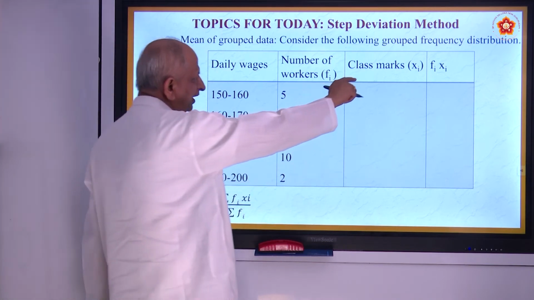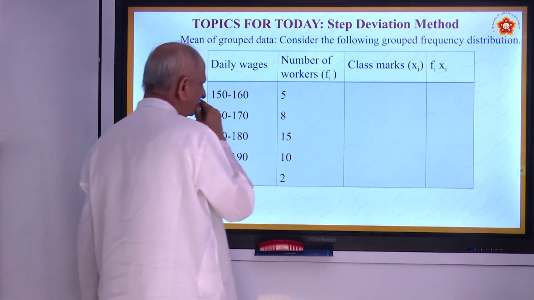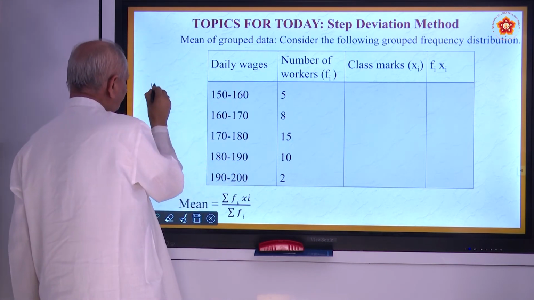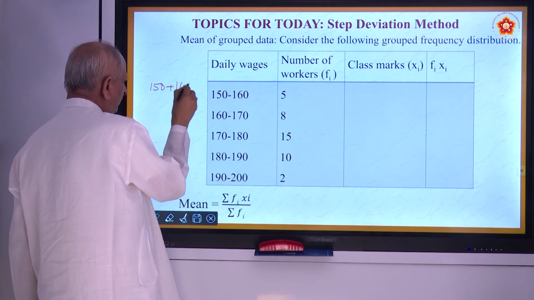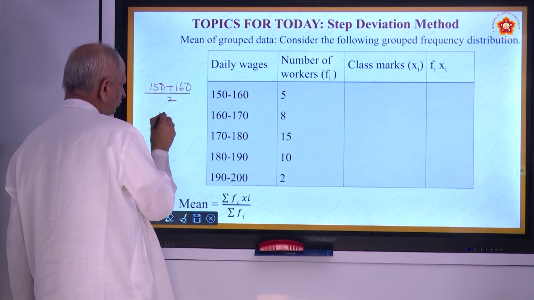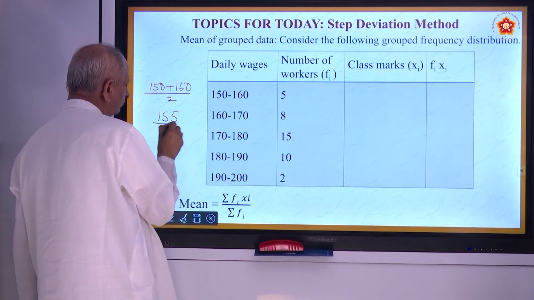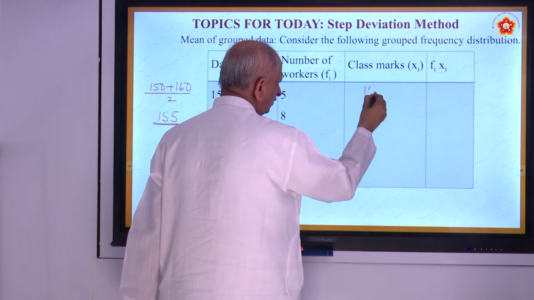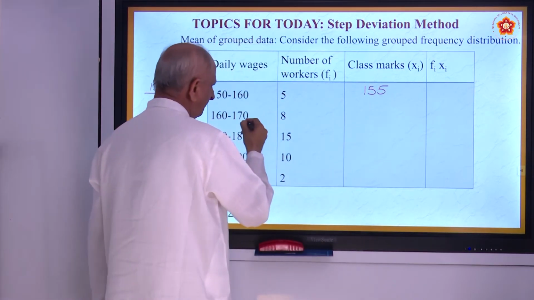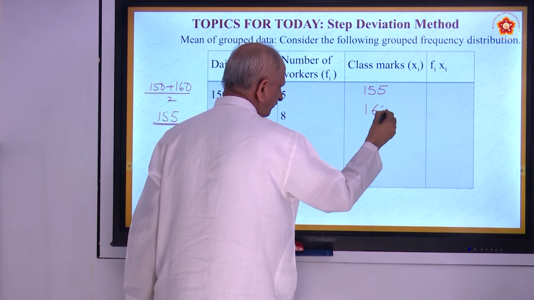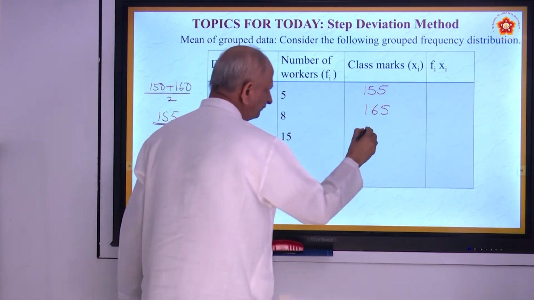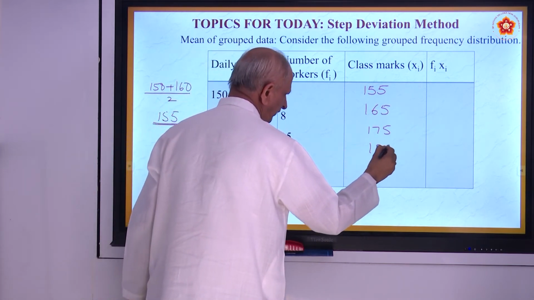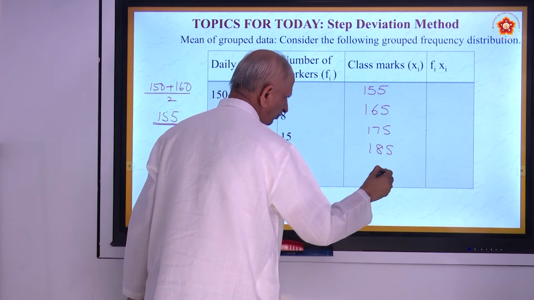You have to find out class marks, what you call xi, the average of these two. 150 plus 160 by 2, that comes to 310 by 2, 155. So that you write it here, 155 plus 10, 165, plus 10, 175, plus 10, 185, plus 10, 195.